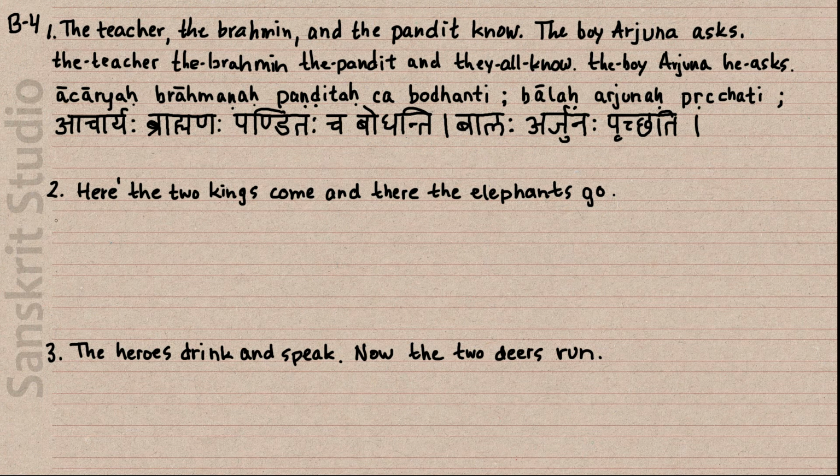All right, so we'll start with the first line here, and we're using translation alternative 1, and the two kings, we are grouping these, the two kings, and they two come.